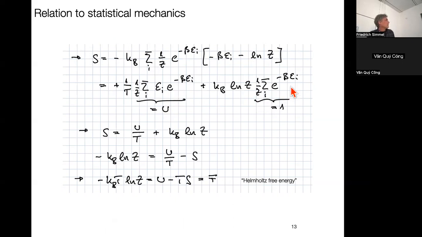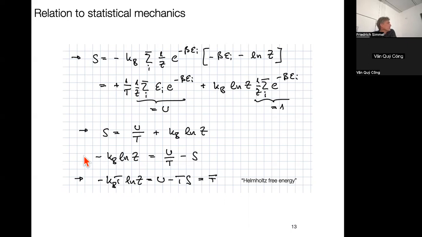This here just is 1 because of normalization, and the rest is kB times ln of the partition function. Now you can rearrange that equation, and it gives you minus kB ln partition function is U divided by T minus S. And that gives you the familiar expression in the end.